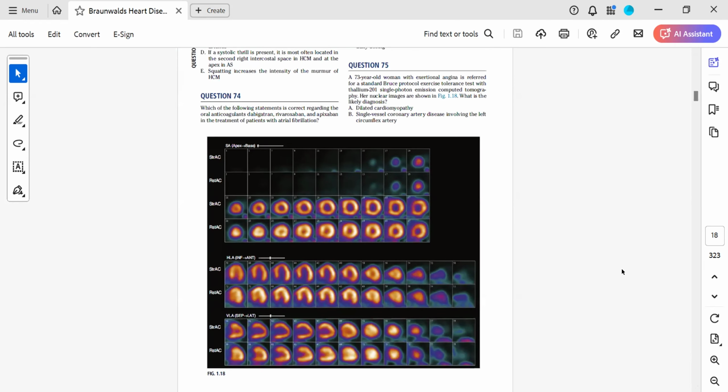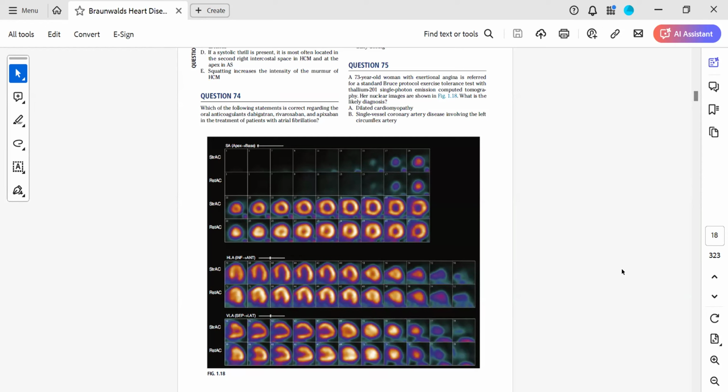I'm trying to interpret these images, and it's different from the ones that we have seen before. Well done. I didn't read about single photon emission tomography.